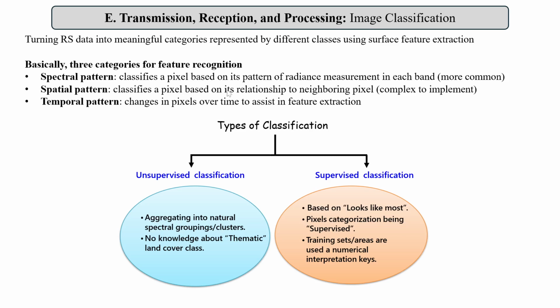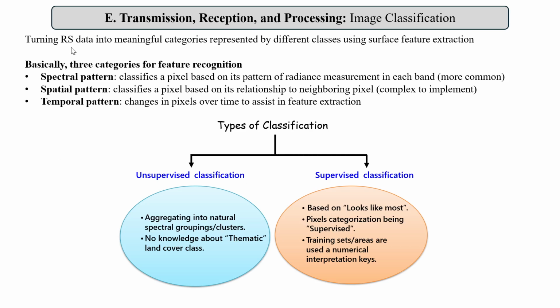In spatial, it categorizes based on the neighboring pixels and the pixel's relationship with them. And the temporal pattern provides the changes in the pixel that happened over time, so that we can detect any feature which appeared or disappeared in the data.